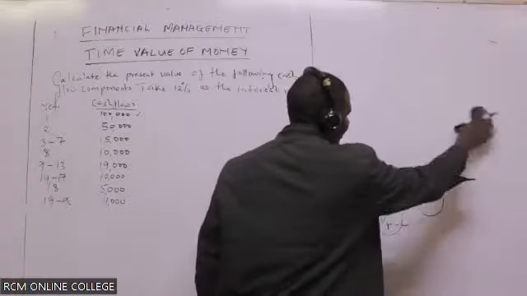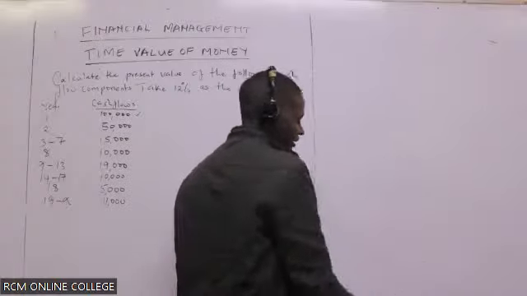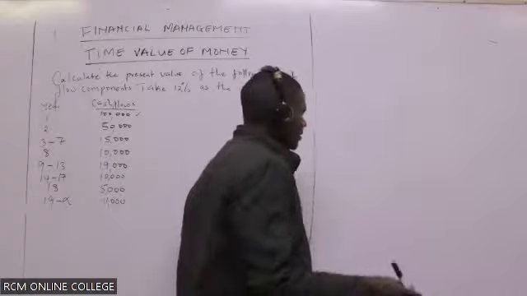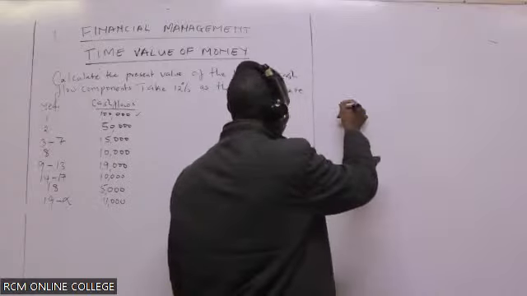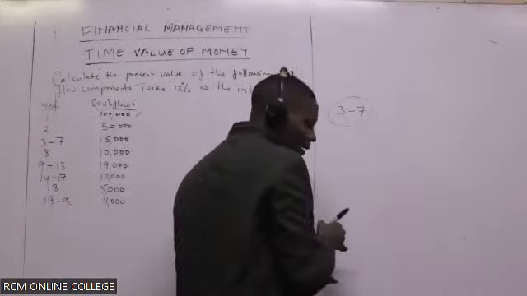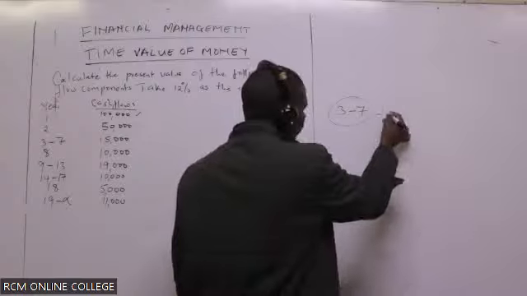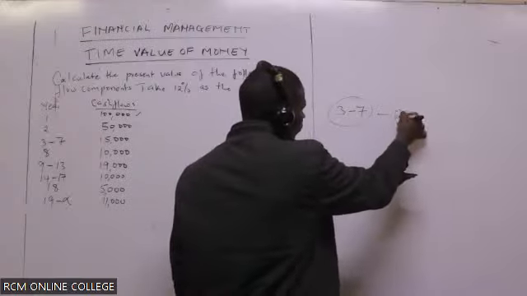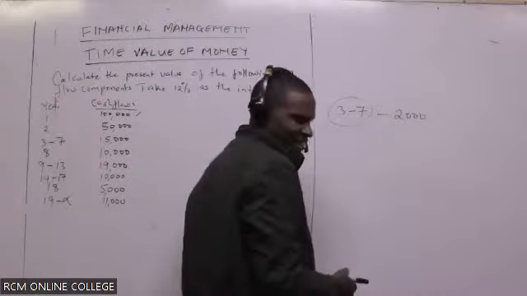That is the secret. I know the examiner tried to set questions until he saw that students now know, so he decided to put a range. Once the examiner puts a range for you, saying year 3 to 7 is 2000, what does that tell you?